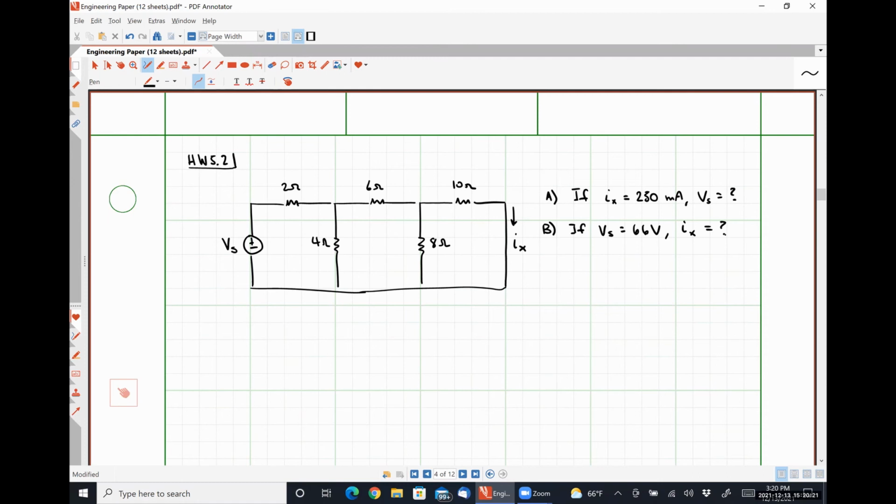Effectively, you're being asked to solve this circuit twice. We can solve it once and use that homogeneity principle to get the answer to the part we don't want to solve. So I'm going to ask you guys, and we'll work this together. Would you rather solve the circuit knowing what Vs is and trying to determine Ix, or would you rather solve it the other way around, where we know what Ix is and work to solve for Vs?